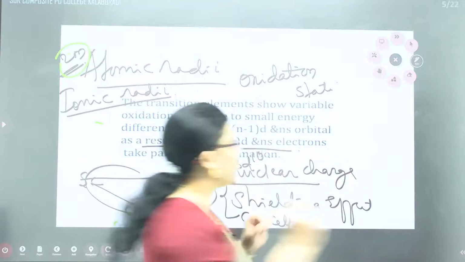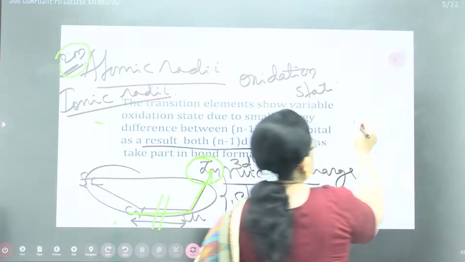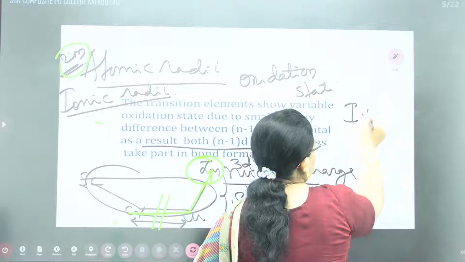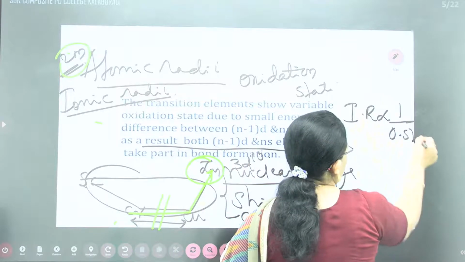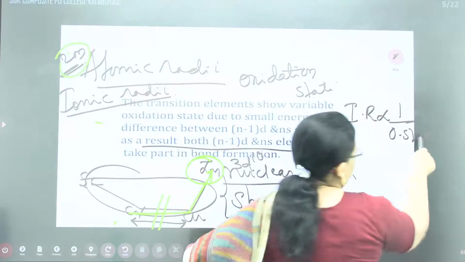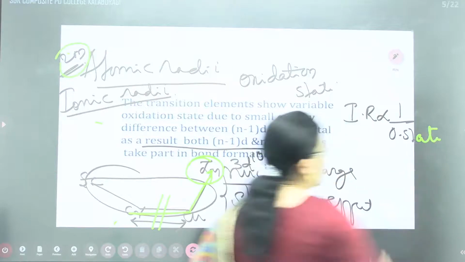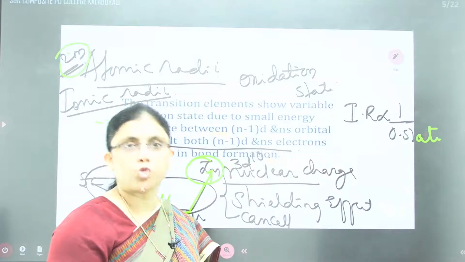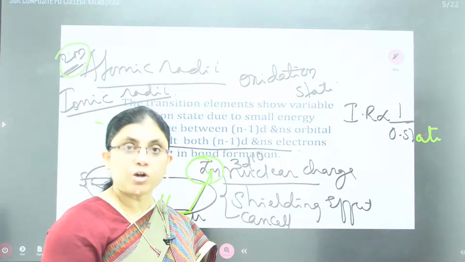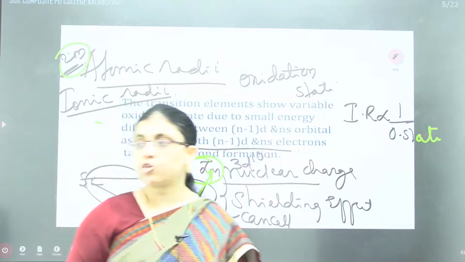Let me repeat the sentence: ionic radii decrease with the increase of oxidation state. So how are you going to write it? Oxidation state and ionic radii are inversely proportional to each other.